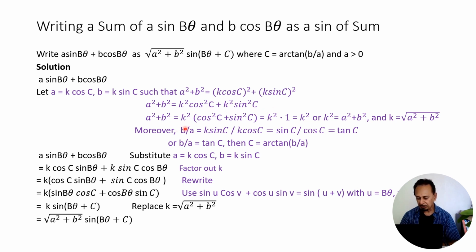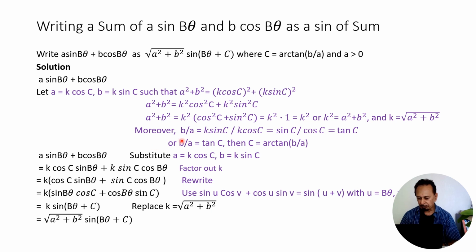We can factor k square, which gives cosine square plus sine square. Now cosine square plus sine square is 1, so it becomes k square times 1, or equals k square. So we have a square plus b square equal to k square, or k square equals a square plus b square. Now we take the square root, and we get k equals the square root of a square plus b square.